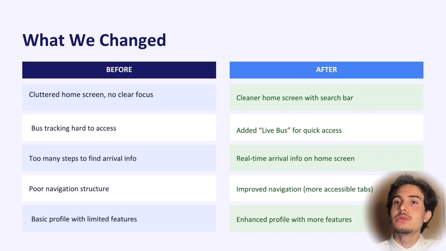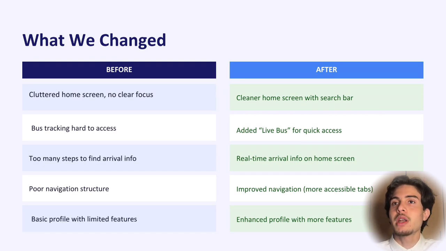Before, users needed many steps, now they can just see real-time info on the home screen. Navigation was confusing, now it's easier with better tabs. The profile was basic and now it has more useful features.